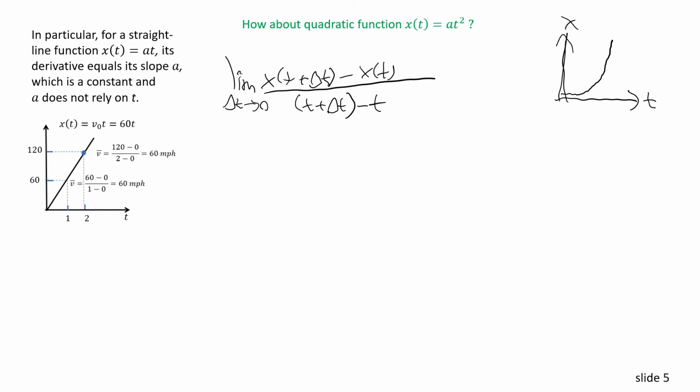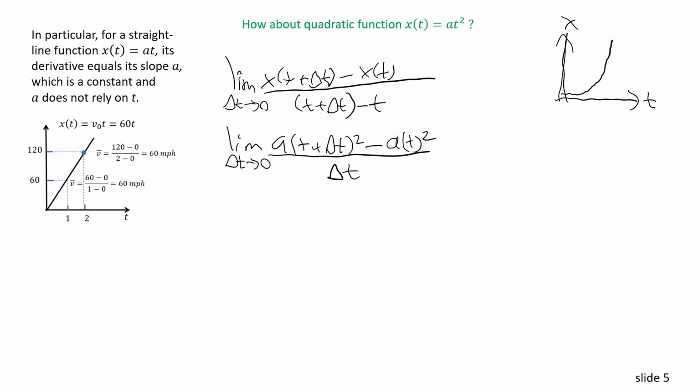This equals the limit as delta t goes to 0 of a times (t plus delta t) squared minus a t squared, over, oh yeah, t minus t is 0, so all we have left is delta t on the bottom.